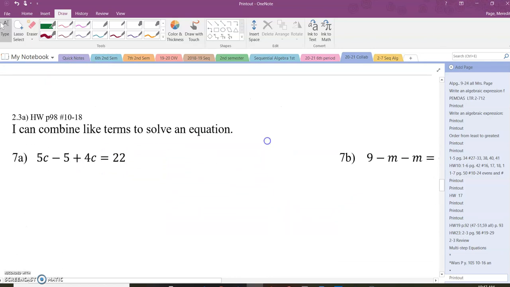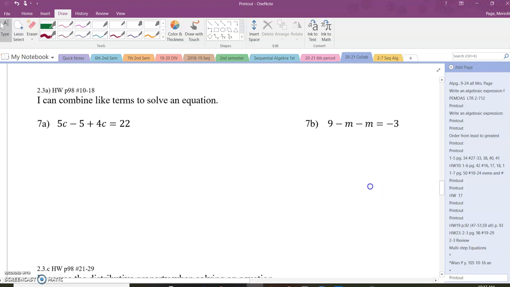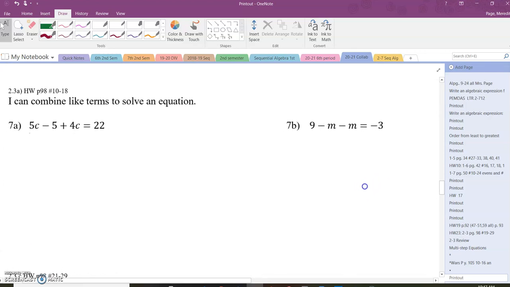Moving on, we're getting into more difficult multi-step equations. I am going to go ahead and do 7b, so you guys are responsible for 7a. So the first thing I notice about 7b is I have some invisible ones that I have to add. So I added the invisible ones, and now I'm going to look at the left-hand side and the right-hand side.